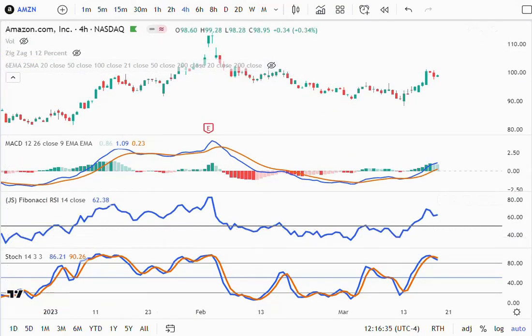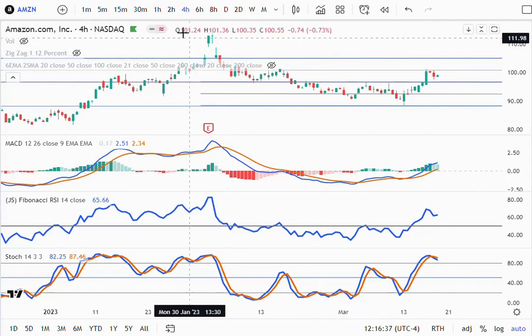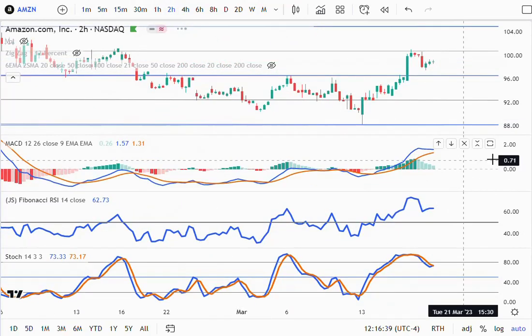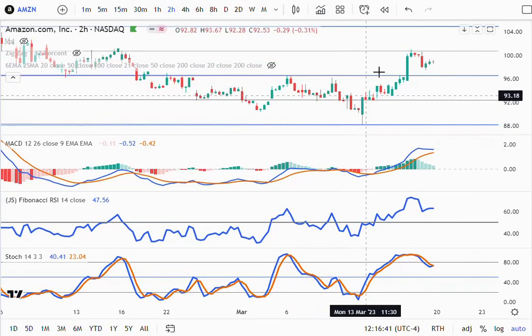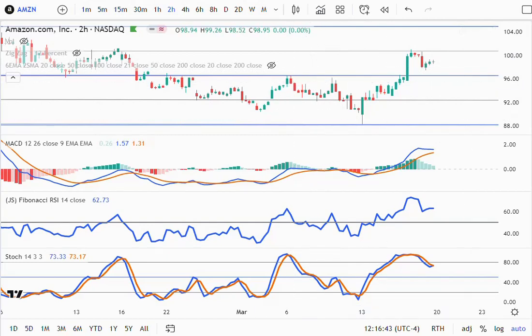So let's look at some of the levels that we should be looking out for. If I bring in the levels, if you look at the 2-hour, you can see the levels. So Amazon traded between this zone from here to here. So now that it has broken through this level, this was a resistance. If you take the distance and double it, you get to this level.